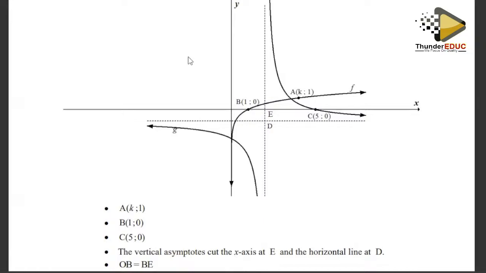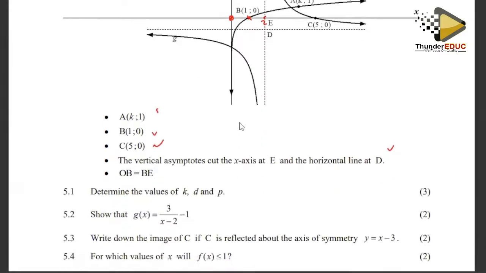Where is OB? This is O. This is B. It's the same as BE from here up to here, meaning that this is at 2. Okay, the vertical asymptote D is that. Then C is that. All right, so that's the information we have. Then they want us to find the values of k, d, and p.